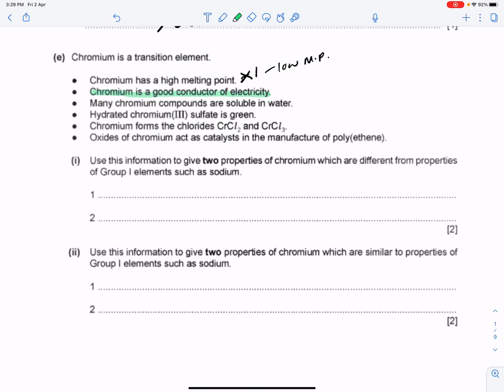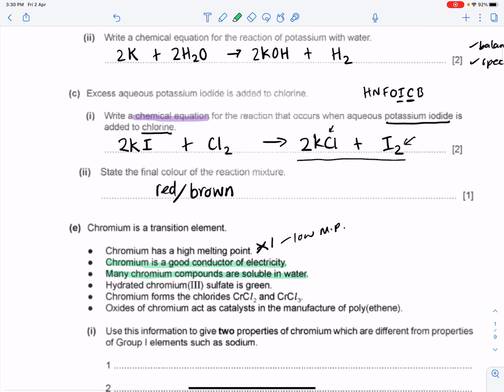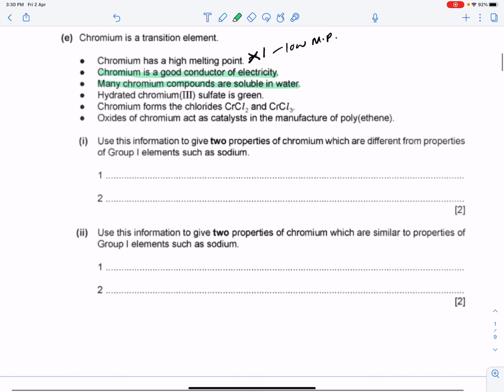Chromium is a good conductor of electricity. Many chromium compounds are soluble in water. Well, many of the group 1 compounds are soluble in water. There's these ones up here, potassium chloride, potassium iodide, they are soluble. Hydrated chromium(III) sulfate is green. No, because that's not the same. We know the group 1 compounds are colourless.